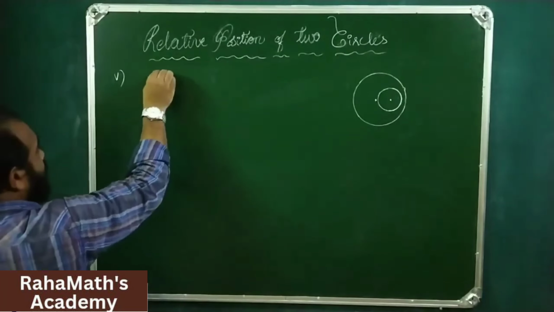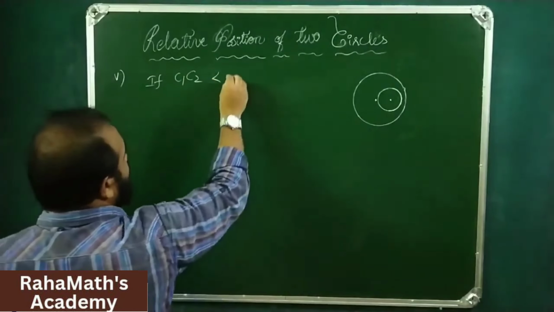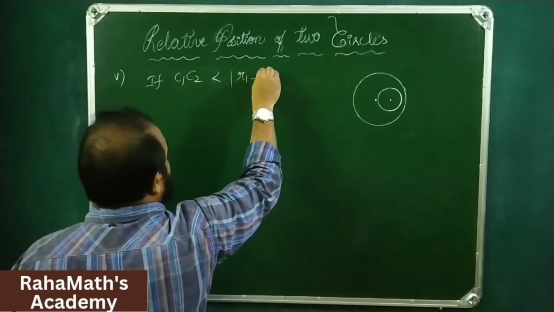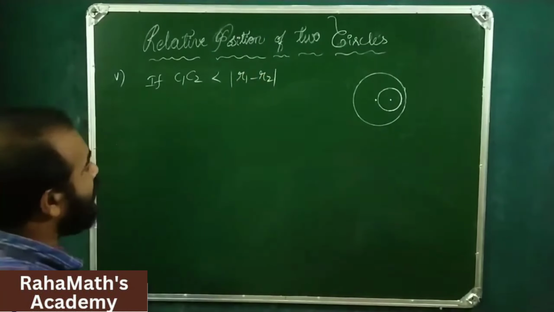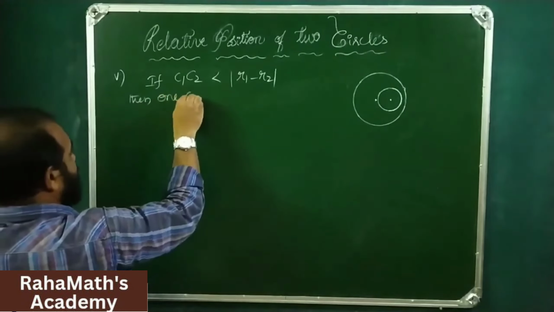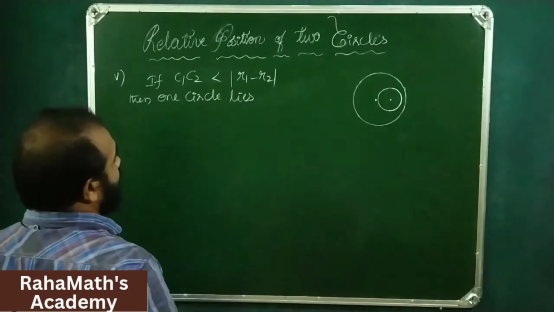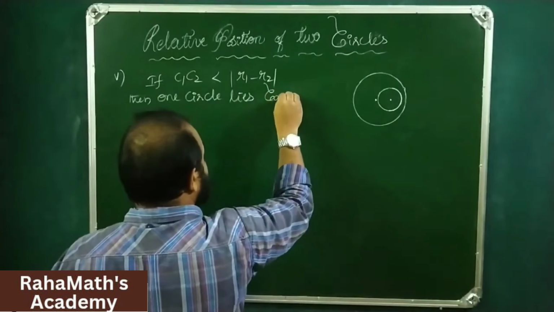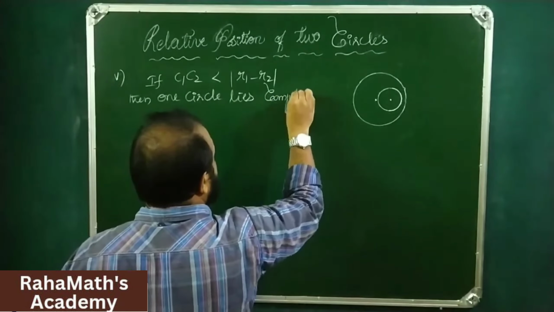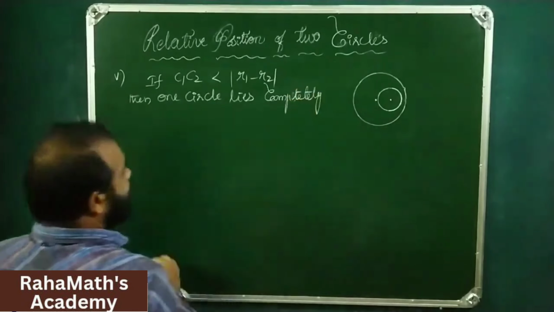If C1C2 is less than the modulus of R1 minus R2, then one circle lies completely inside the other circle.